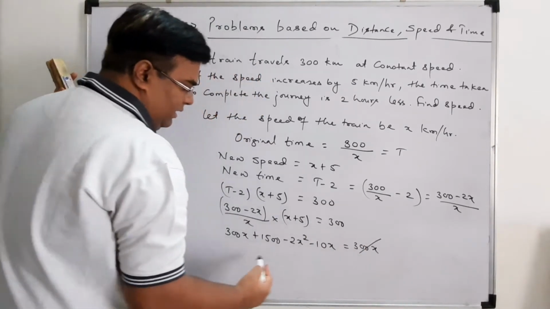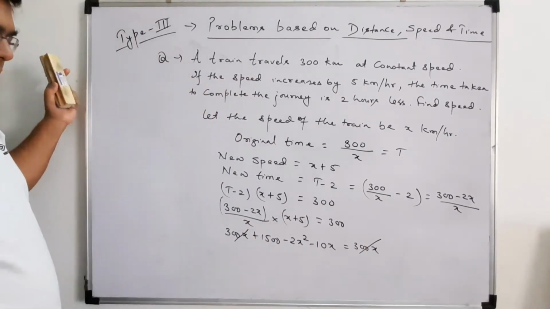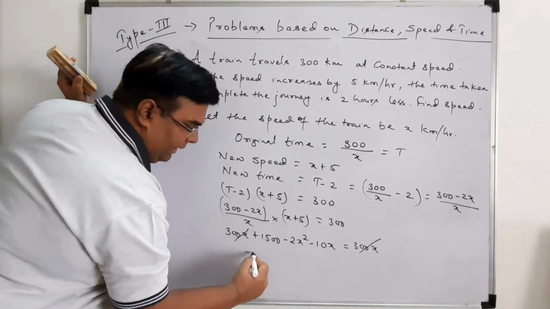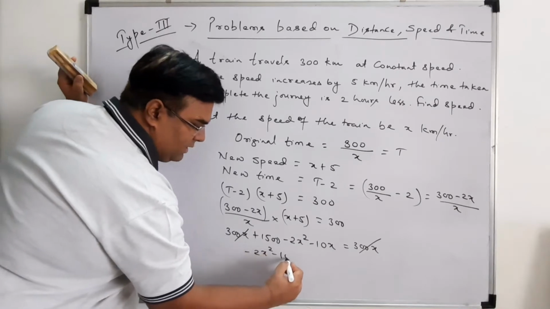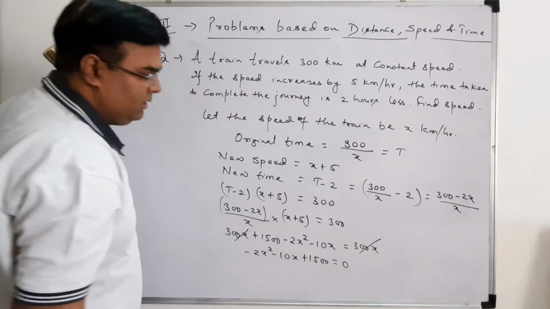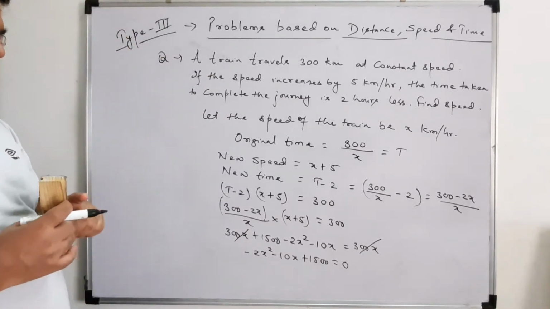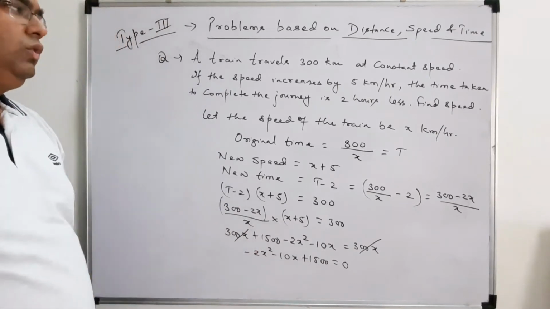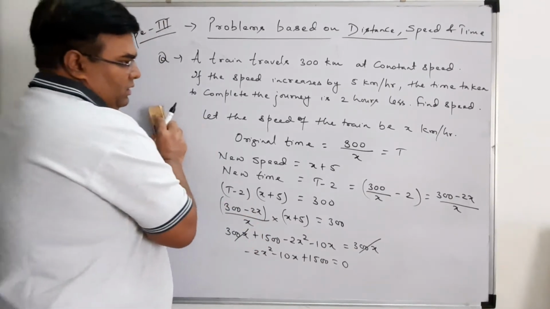So this 300x you can cancel, and the quadratic equation will become minus 2x square minus 10x plus 1500 is equal to 0. So we have got a quadratic equation here. We just need to solve this. Okay, so let us solve this.